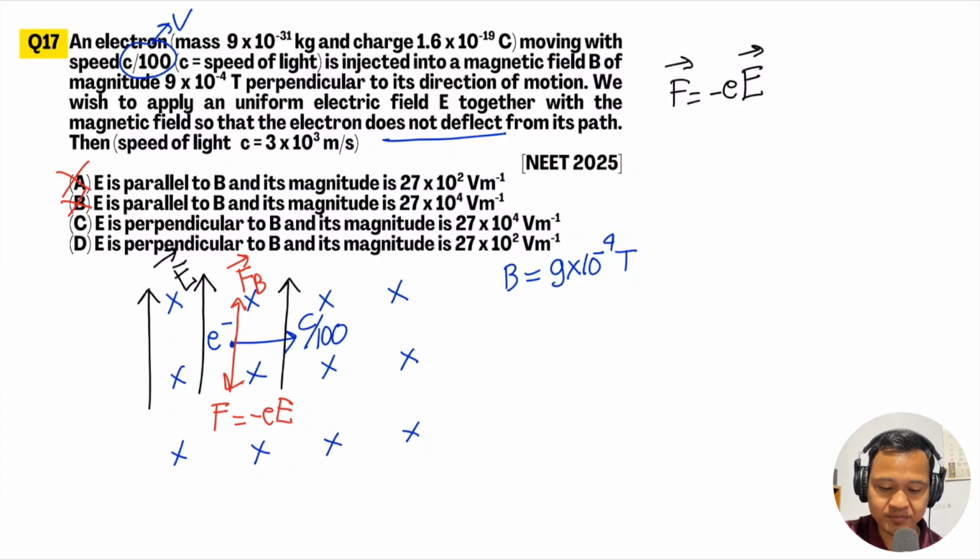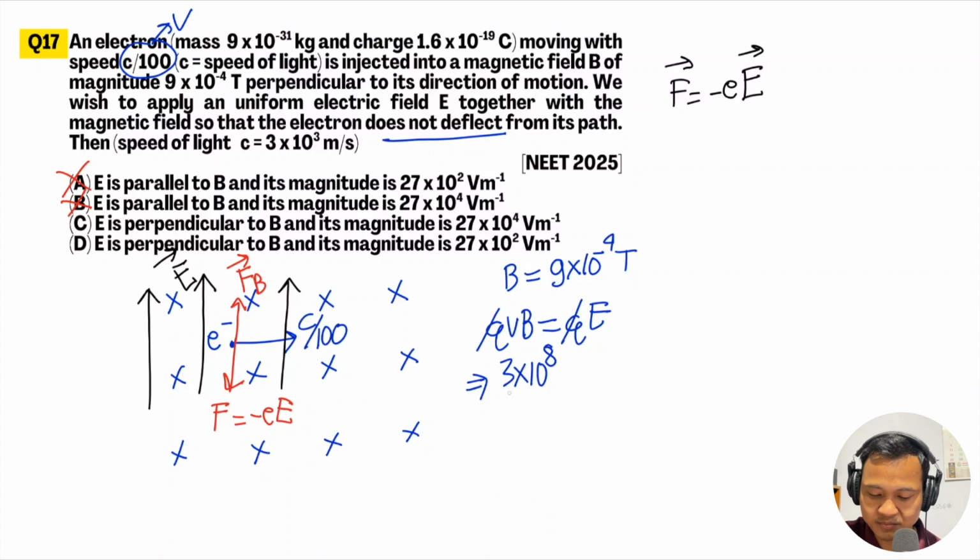To avoid deflection, F B and F E must be equal and opposite, so that it keeps on going like this. So Q into VB equals Q into E, and Q gets cancelled out. The velocity is c by 100, where c is 3 into 10 power 8, divided by 100, into B, which is 9 into 10 power minus 4.